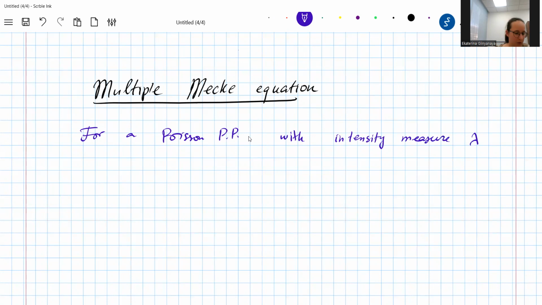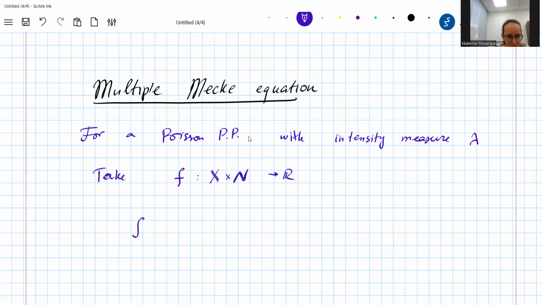Then if I take a function f that acts from the space x times the space of measures to r, this means that my function depends on a point and on the measure itself.